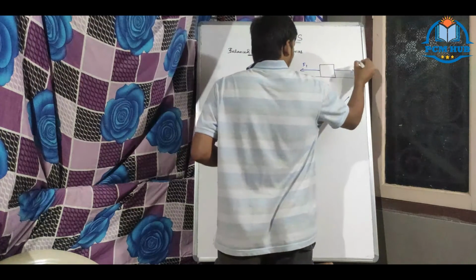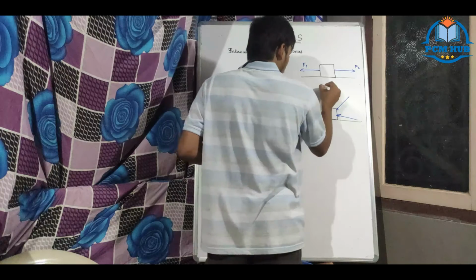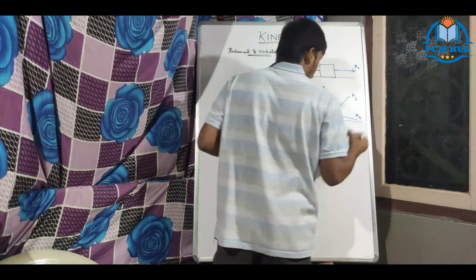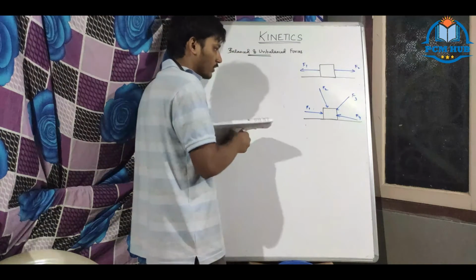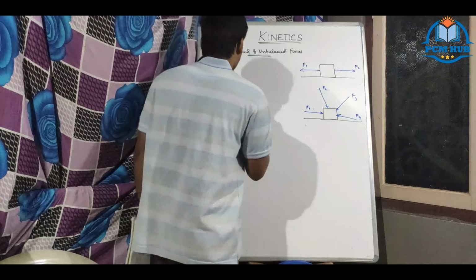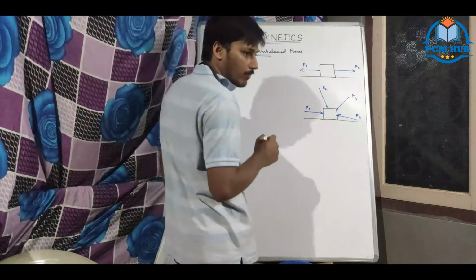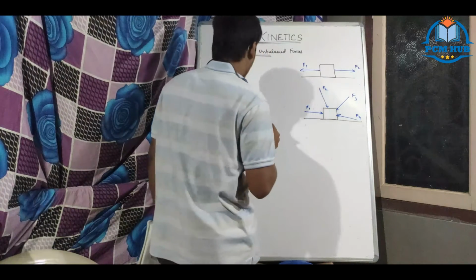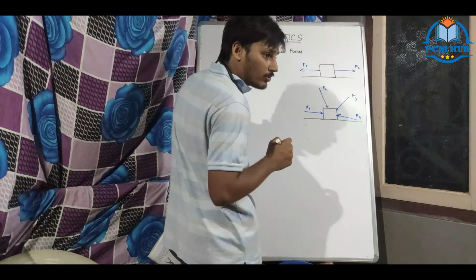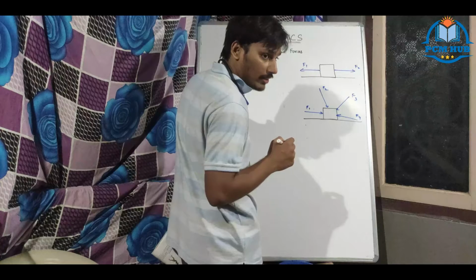F1, F2 here. Here F1, F2, F3, F4. There are four forces. In case number 1, when F1, F2 are applying, how to find the net resultant of force? You have to find the resultant of the force, right?